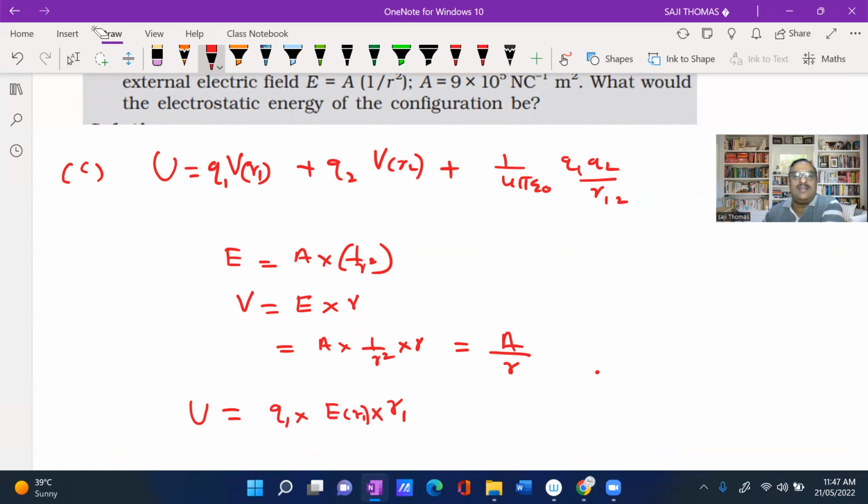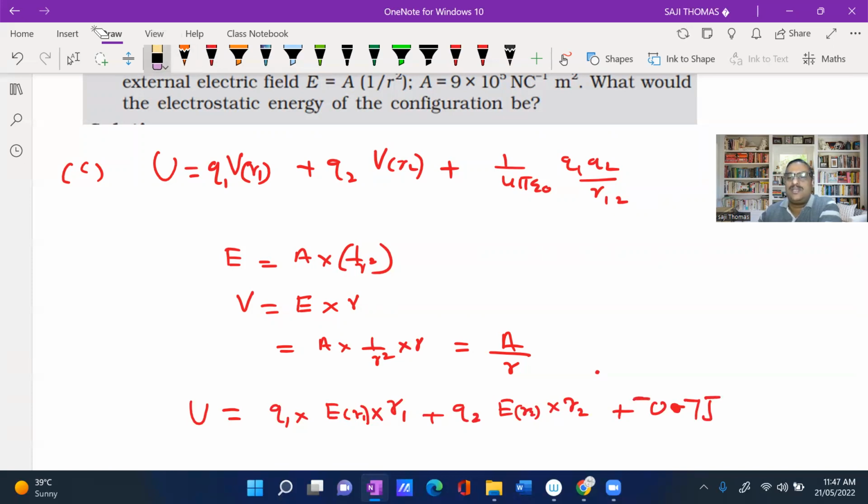So E into R1 plus Q2 into E(R2) into R2, plus 1 by 4 pi epsilon 0 Q1 Q2 by R12, which you already calculated as minus 0.7 joule.